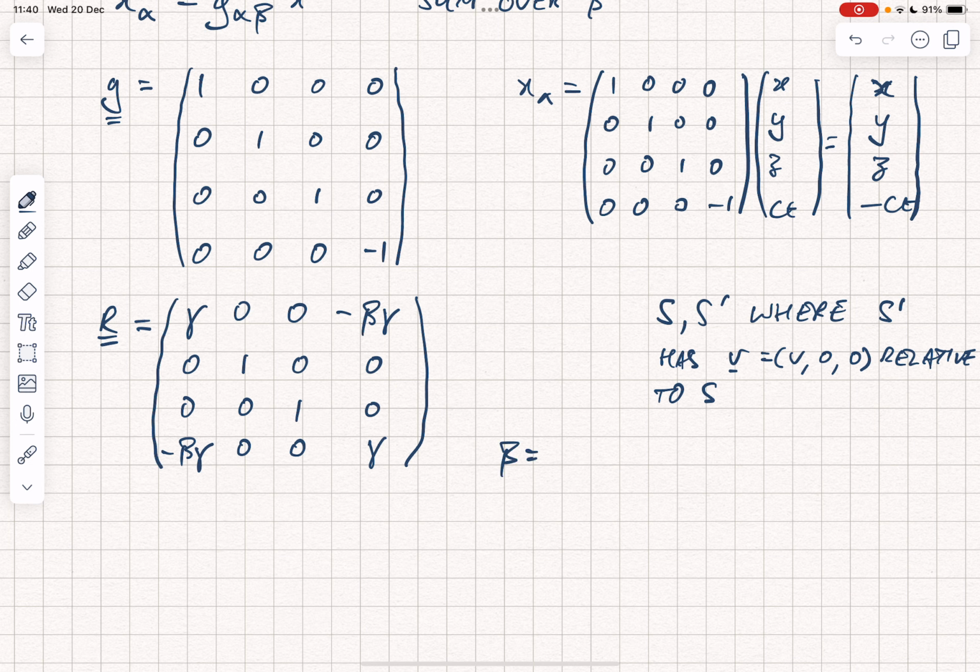And we define beta as v over c, notice that's v, the scalar value, and then gamma is equal to 1 divided by the square root of 1 minus beta squared.